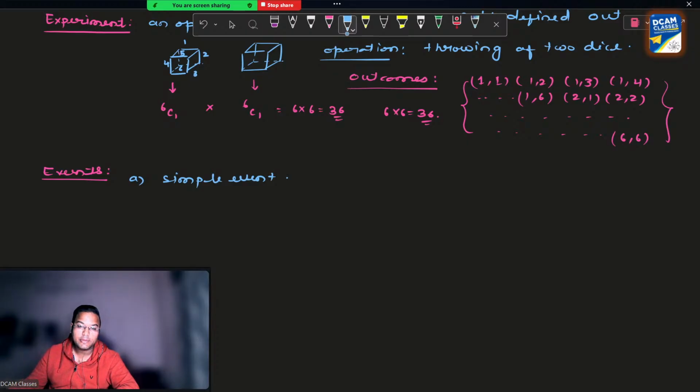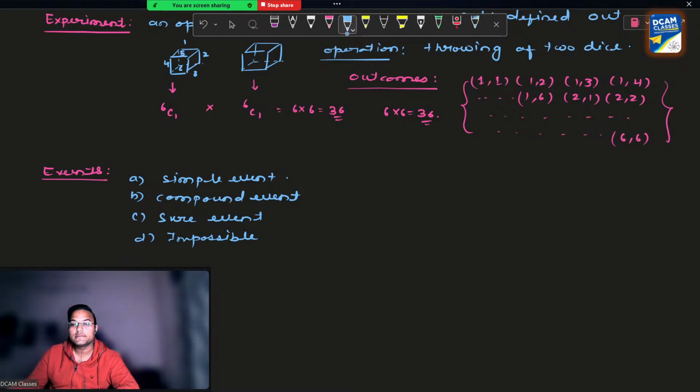Let me just list them out. Compound event, sure event, impossible event, all common sense things. Simple event in mathematics means it has only one sample point.